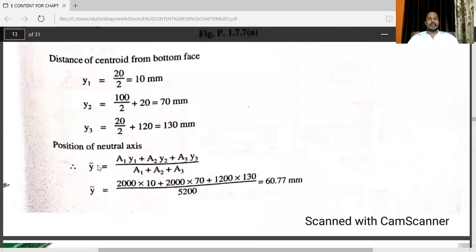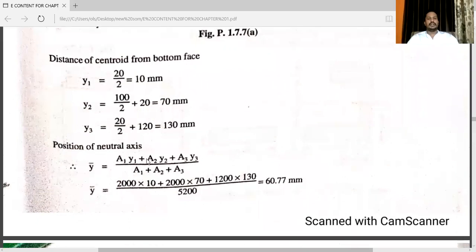We know that y bar is equal to a1y1 plus a2y2 plus a3y3. Three areas are there, so for each area, we have y1, y2, and y3. We have the values of area 1, area 2, and area 3, and similarly the distances y1, y2, and y3. Whenever you put all the values in the given formula, y bar is equal to a1y1 plus a2y2 plus a3y3 upon the summation of all the areas, a1 plus a2 plus a3.